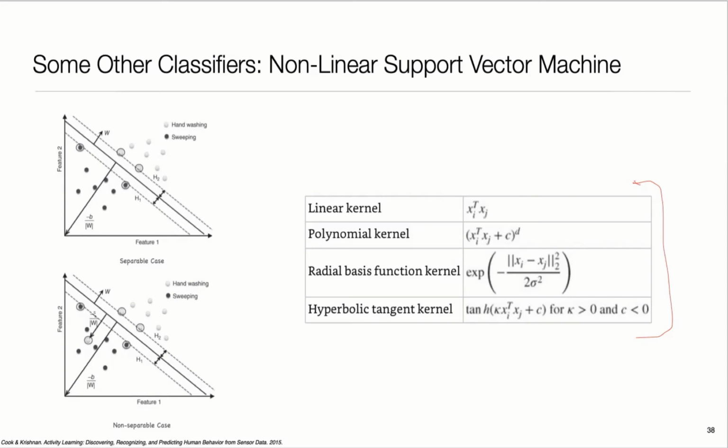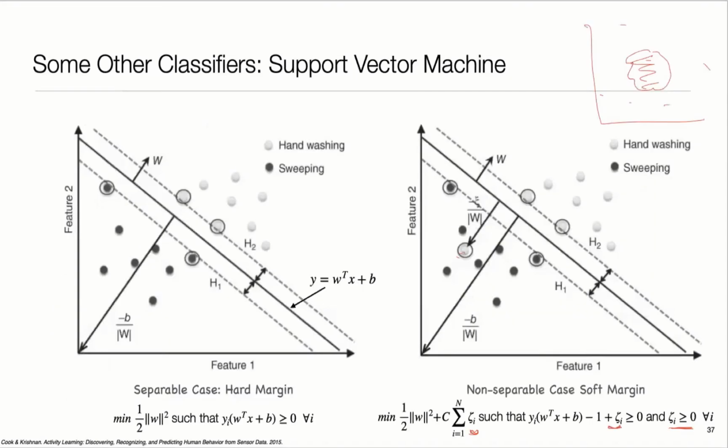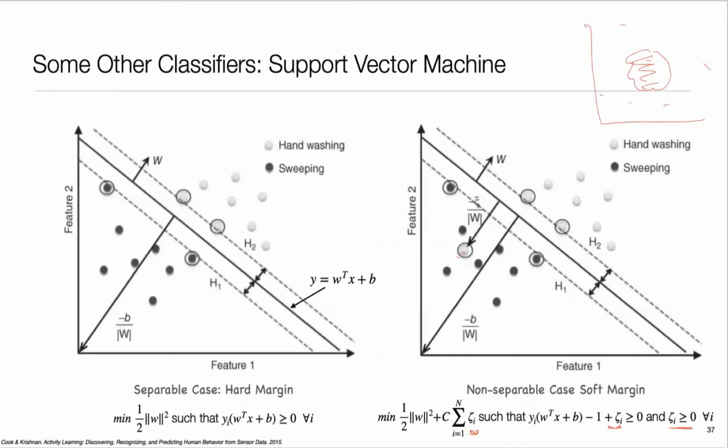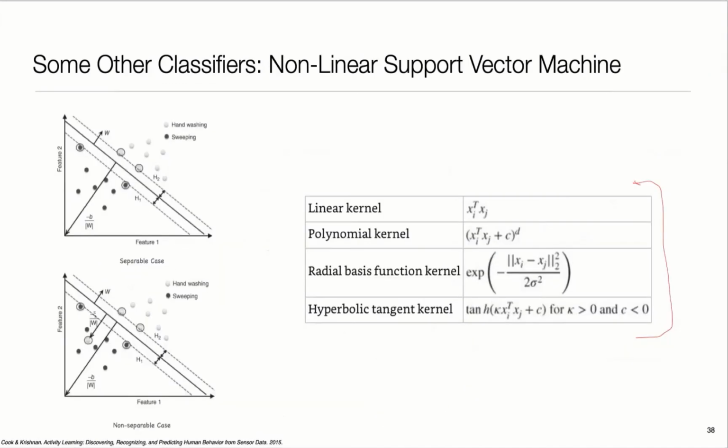The problem, though, is that we still don't have a notion of time, unless we also take into account what time they were in, like a particular sequence. The features that we are using thus far in decision tree and naive Bayes and all have no sequence among them. All features are equally important. It's almost like I have a set of features as opposed to a sequence of features.